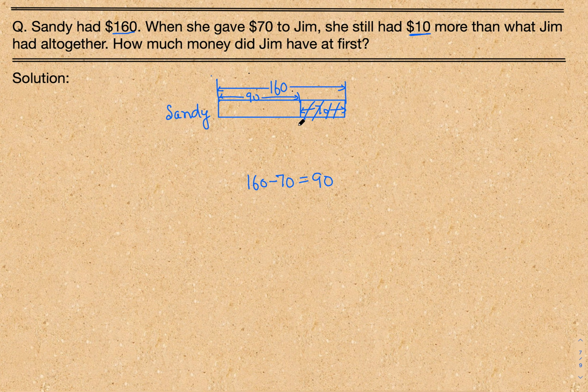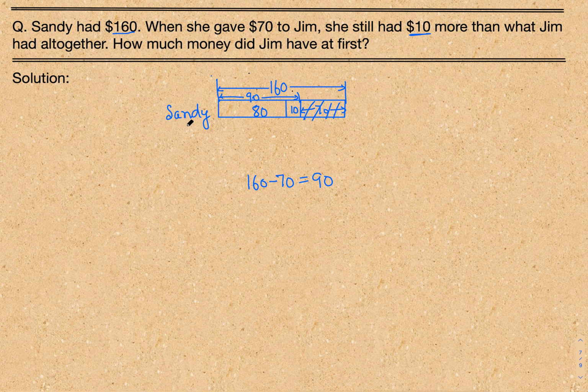Now this $90 is still 10 more than what Jim had altogether. It means whatever he's having now, even after getting 70 from Sandy, this 90 is still 10 more than Jim. So let's divide it into two parts. This is 10 and then this is 80.